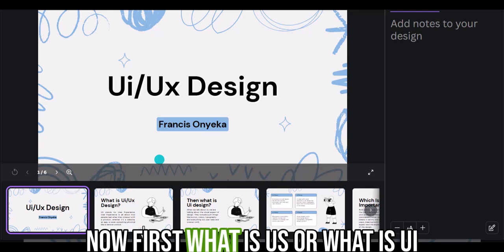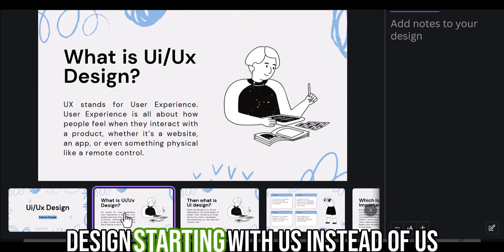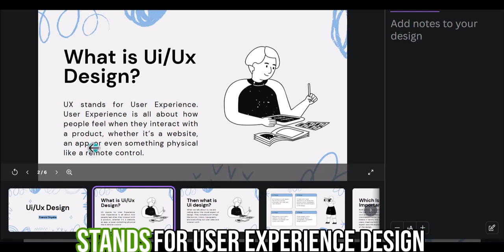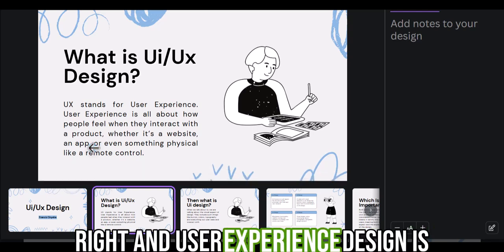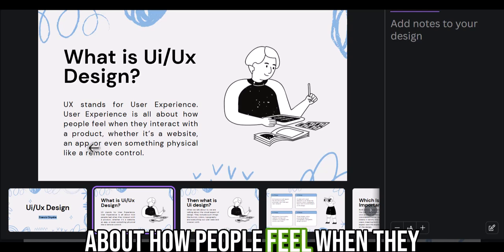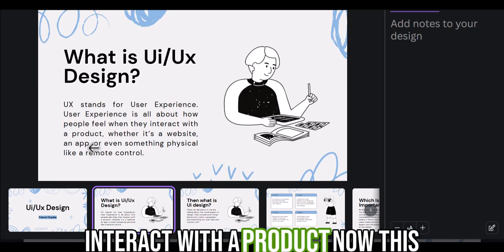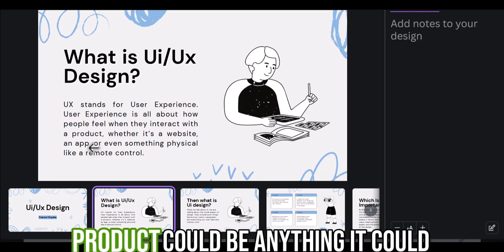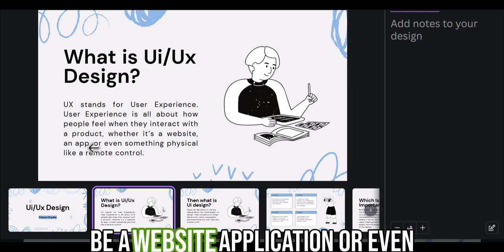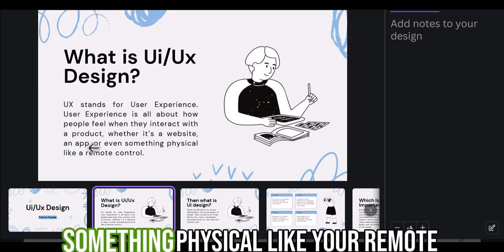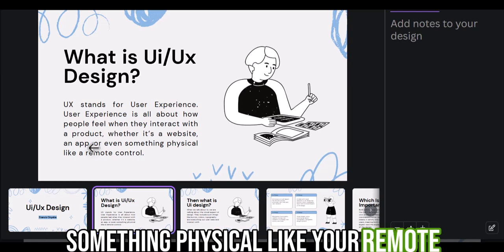Now first, what is UX, or what is UI design? Starting with UX, UX stands for user experience design, and user experience design is all about how people feel when they interact with a product. This product could be anything: a website, an application, or even something physical like your remote control.